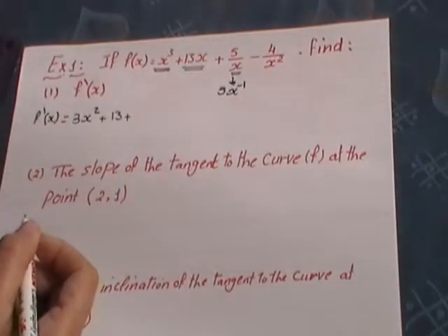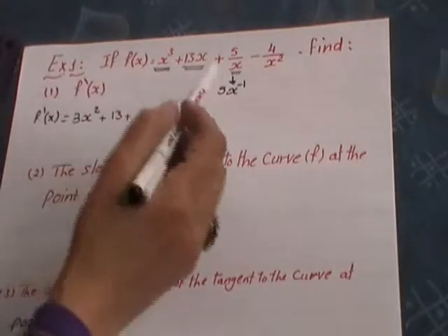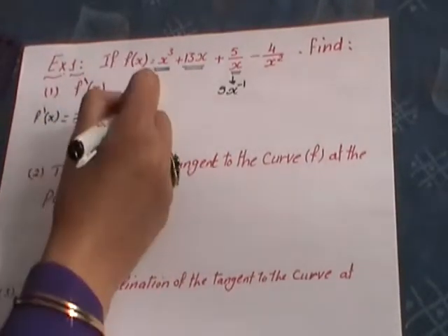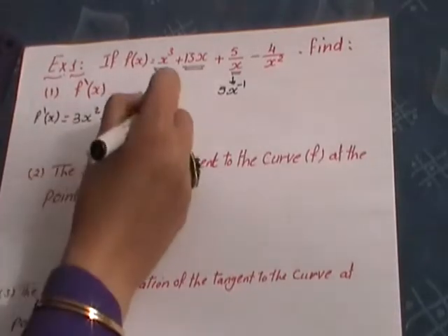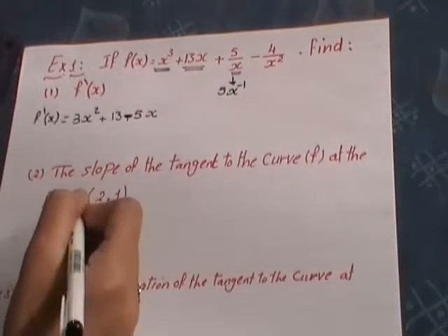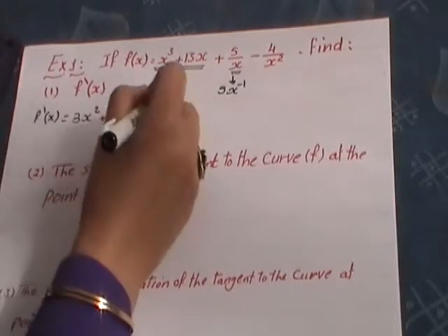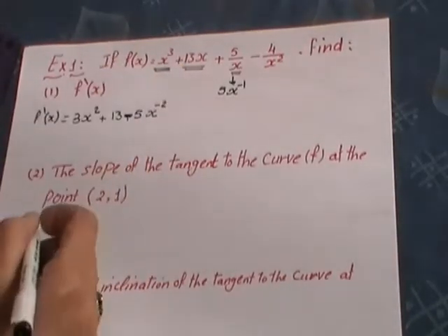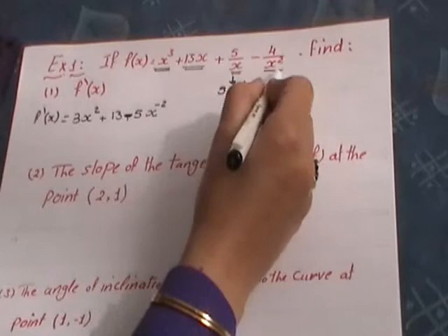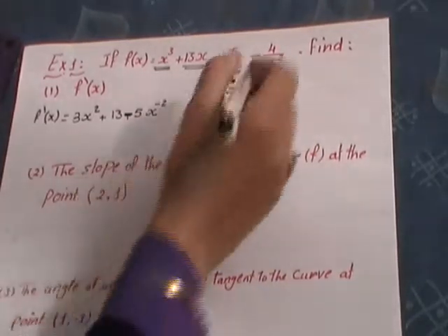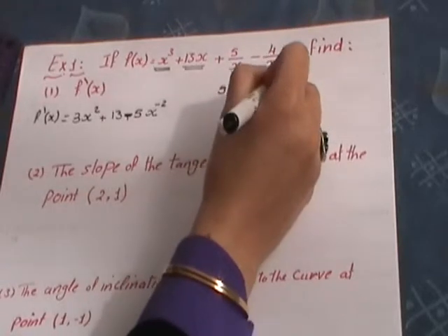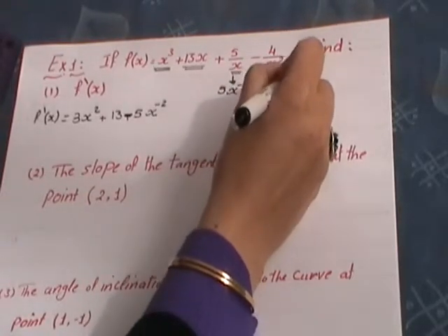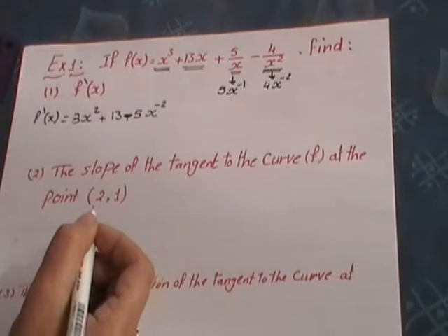So how do we get the first derivative of it? We multiply the power by 5, which will be negative 5, and we put x to the power negative 1 minus 1, which will be negative 2. And the fourth term of this function, we put it in the form 4x power negative 2, like we did before.